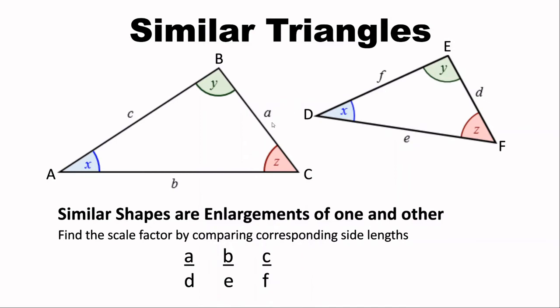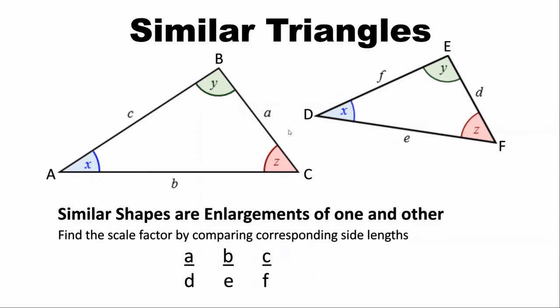That's because side length A is in between the angles Y and Z, and side length D is also between the angles Y and Z. So those are corresponding sides. Although we know they're not the same size, D must have been multiplied by some scale factor to make length A, or A must have been multiplied by some fractional scale factor to make side length D.